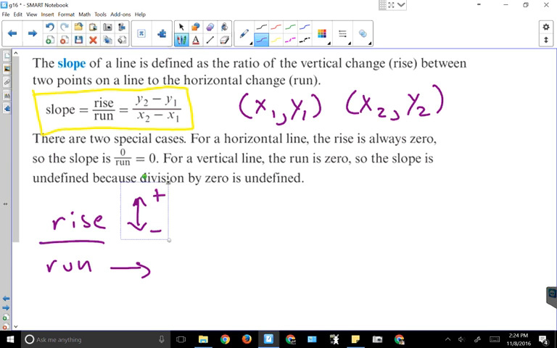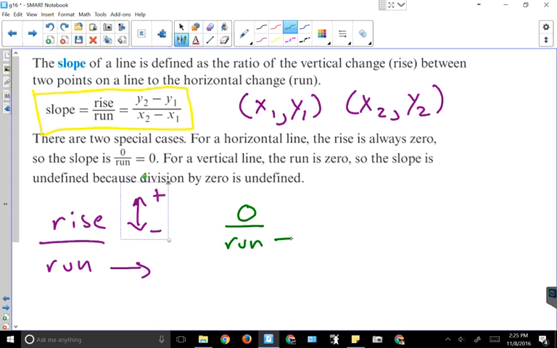Does this possibly cover all of the lines? And the answer is no, it doesn't. There are 2 lines that wouldn't necessarily be covered under this. What happens if I have a fraction that looks like this? 0 over my run. Whoops. Always helps to spell, right?